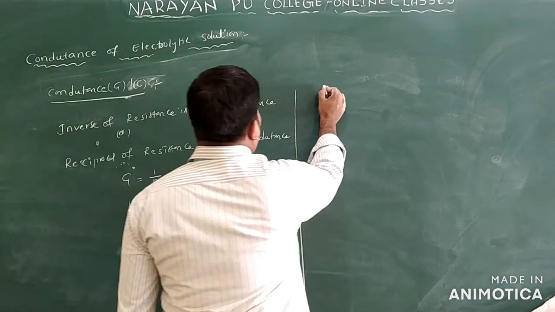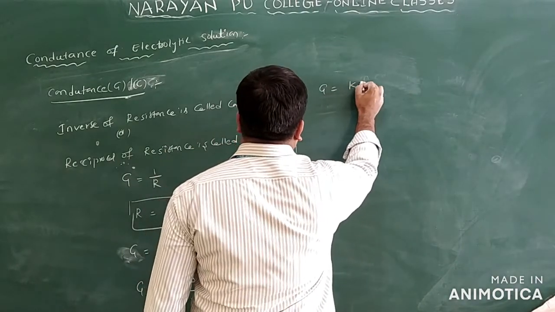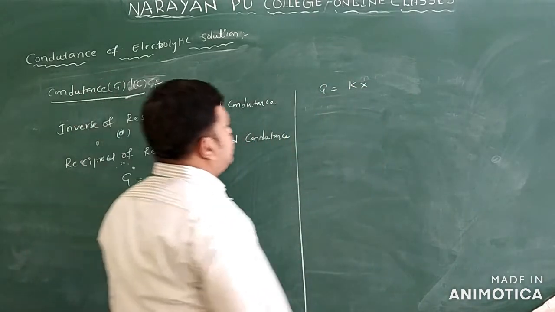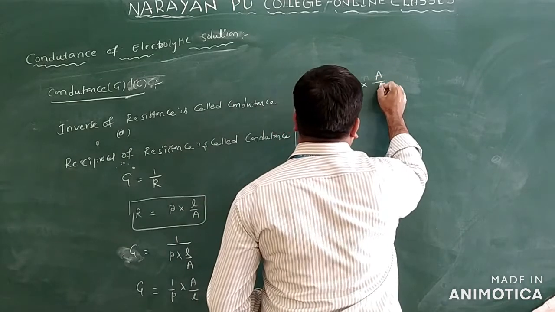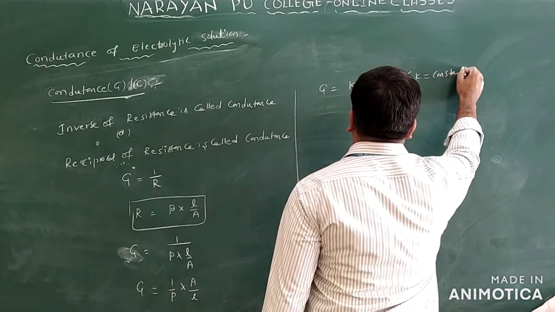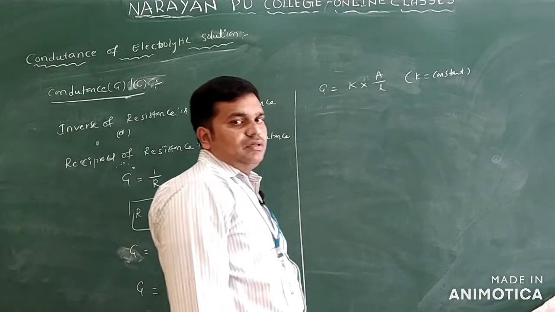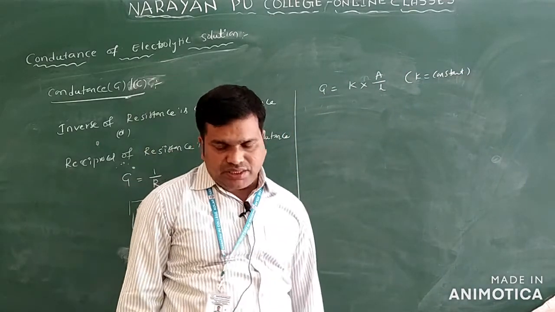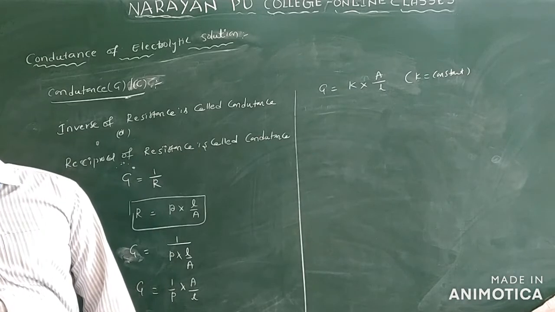So G is equal to, I will write some K into A by L only. So what is K here? K is a constant only.